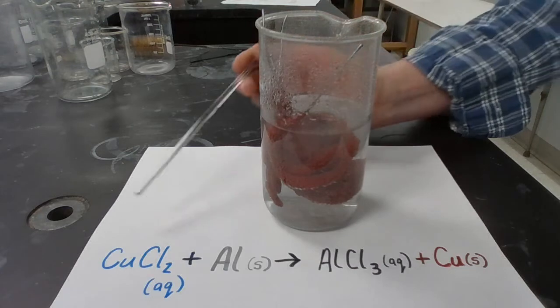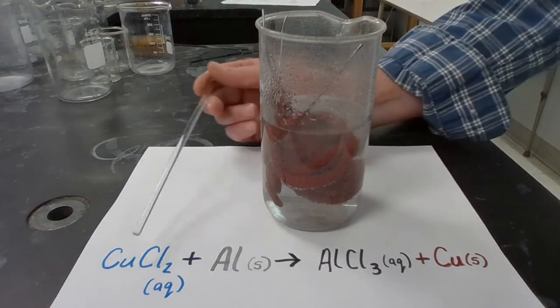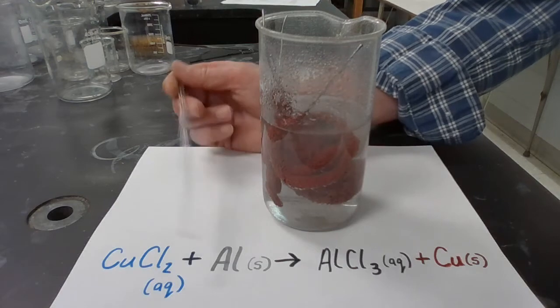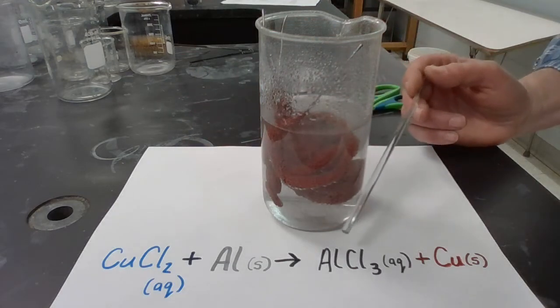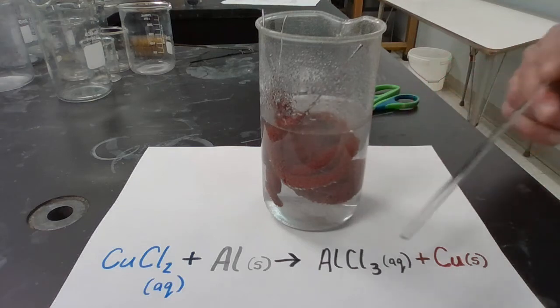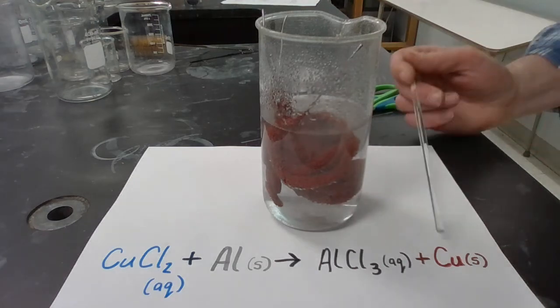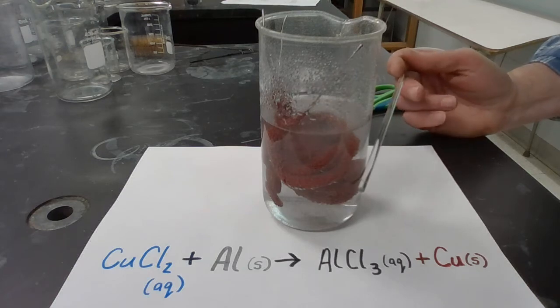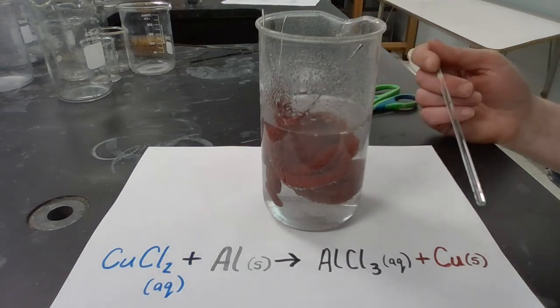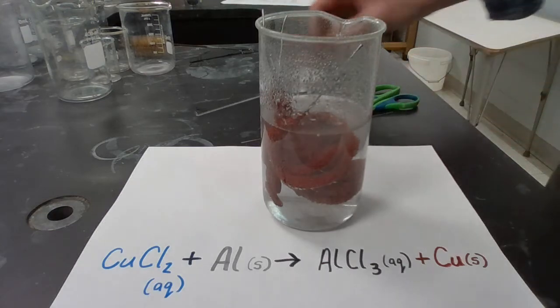So what we had was copper chloride, which is blue, put some aluminum in there. So this was aqueous, this was solid. And then we ended up with aluminum chloride in solution, which is a clear solution, plus copper solid. So this red stuff, red brown, it's actually copper colored, is copper solid.